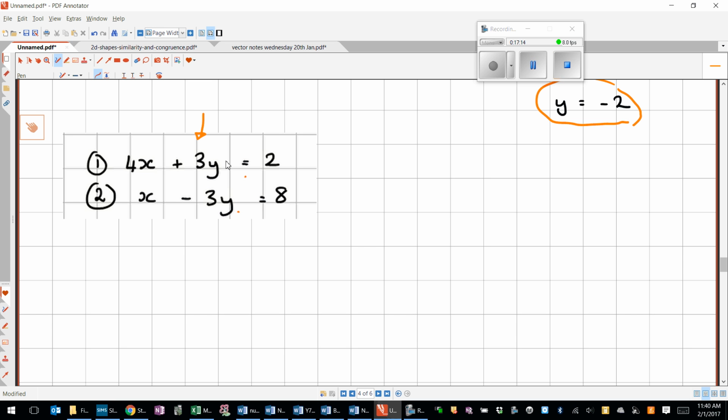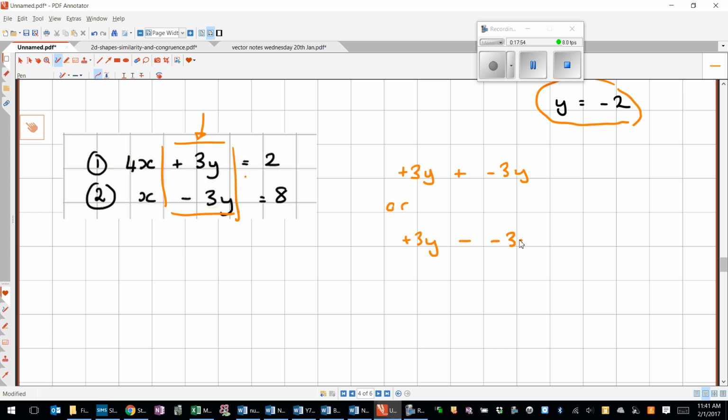What we're looking at is after adding or subtracting, we end up eliminating one of those variables. So I'm looking at it and thinking, well, I've got 3 and 3. Okay, so I'm either going to look at adding them or subtracting them. So what I'm looking for is, do I do positive 3y add negative 3y, or am I going to do positive 3y subtract negative 3y?